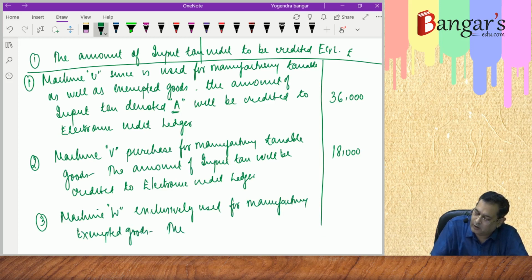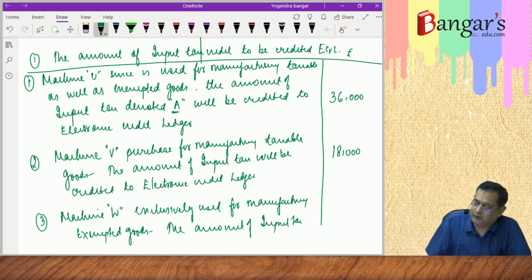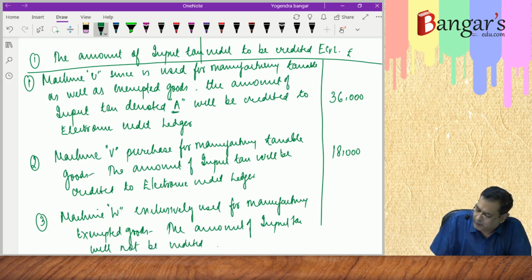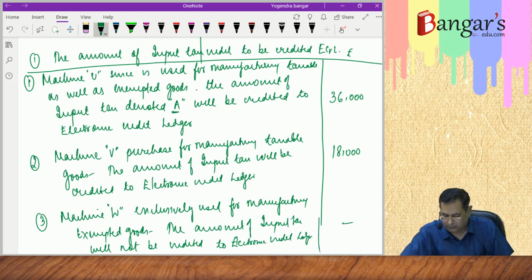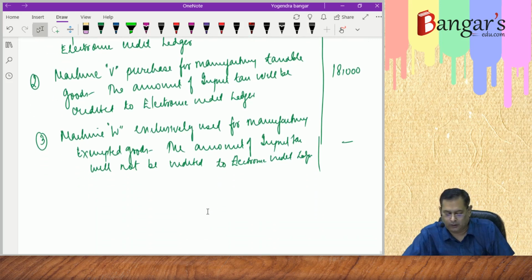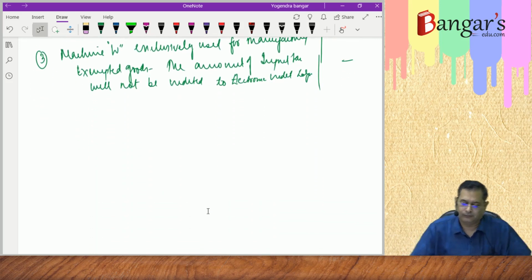The amount of input tax, will it be credited? Will not be credited. The amount of input tax will not be credited to electronic credit ledger. This amount will not be credited where? In the electronic credit ledger.